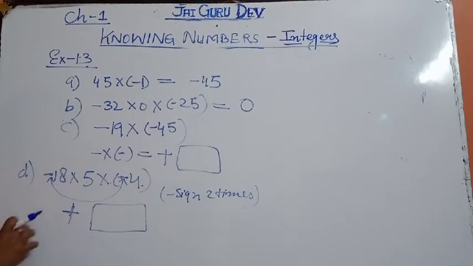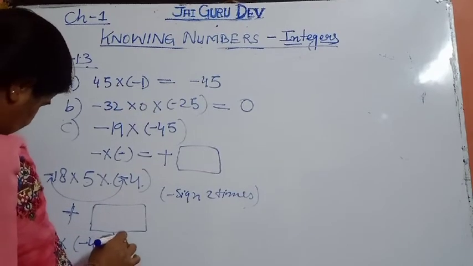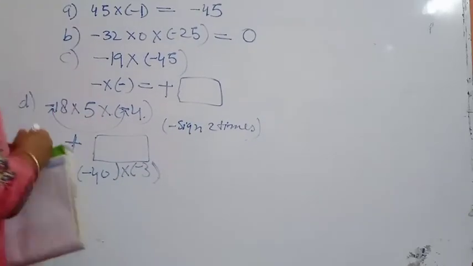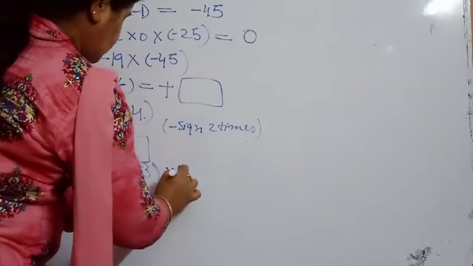Now see the E part: minus 12 into minus 40 into minus 3 into minus 9.